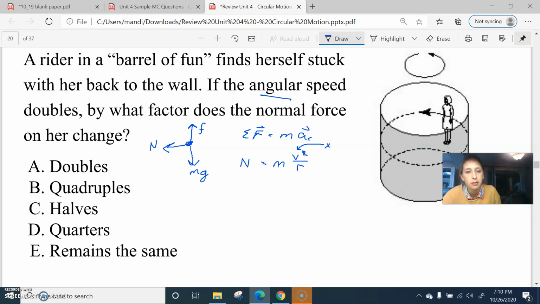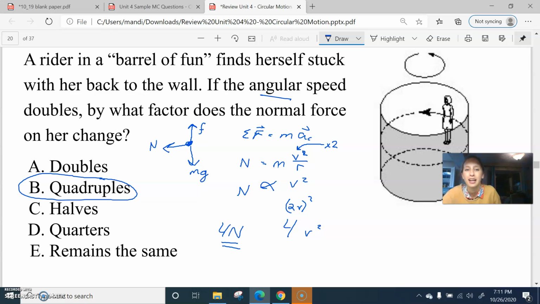If we double that, note that this is squared. So if we increase v by a factor of 2, 2v squared ends up being 4v squared. So we increase the right side of the equation by 4, which means we have to increase the left side by 4. So we quadruple, just by doubling the speed.